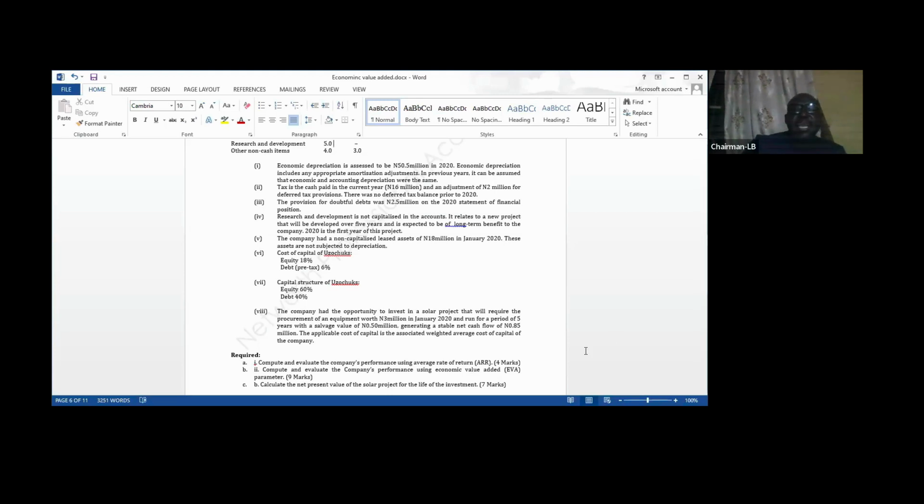Requirement A: compute and evaluate the company's performance using accounting rate of return.